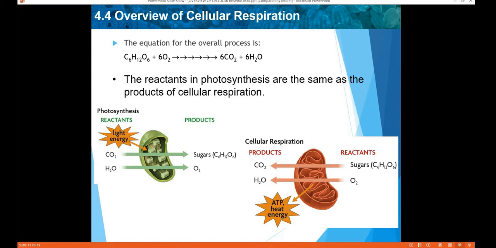In the second stage, during the electron transport. So we cannot say that glucose actually reacts with oxygen, like we explained earlier. What actually happens is that glucose is split by glycolysis prior to the Krebs cycle. Then oxygen enters during the second stage, which is the electron transport chain.